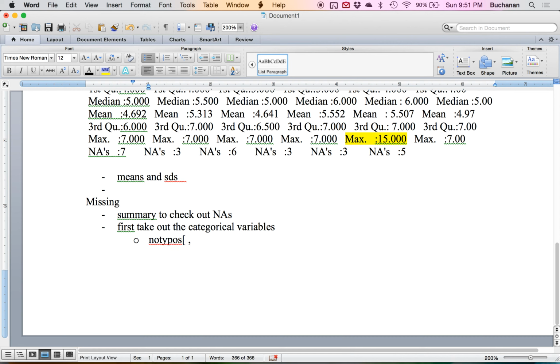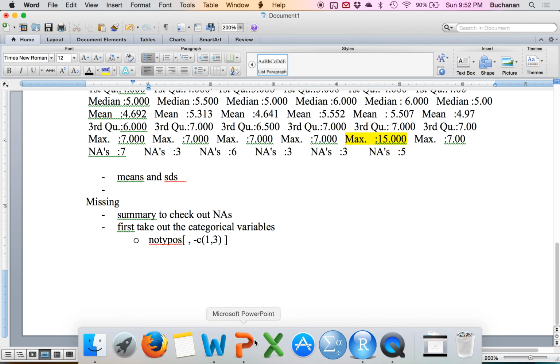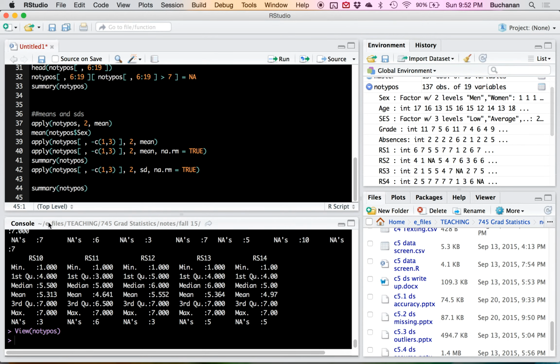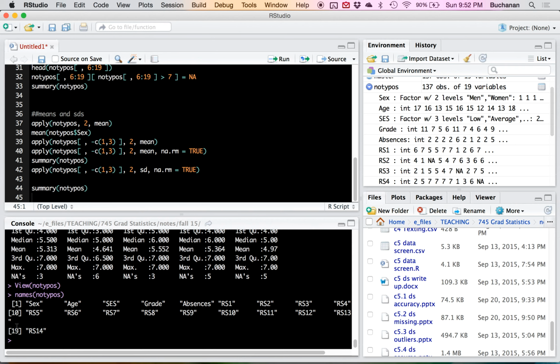So I've got to drop those categorical variables. Remember, those were 1 and 3. Okay, that's in the last video. So the first thing I want to do is figure out what they are, so I'm going to type names down here. And I want to drop sex and SES because those are categorical. So that's dropping columns 1 and 3.